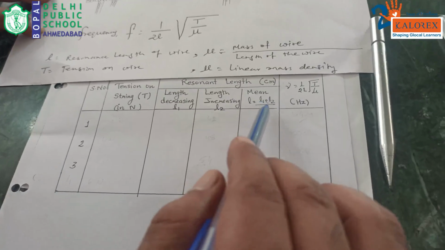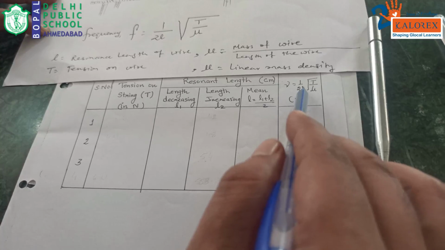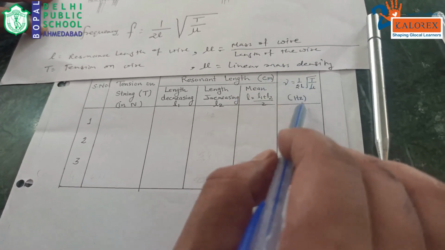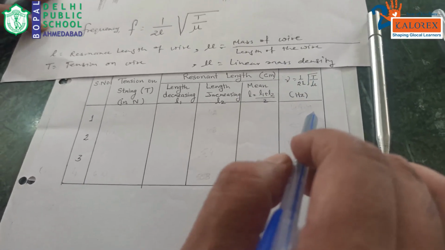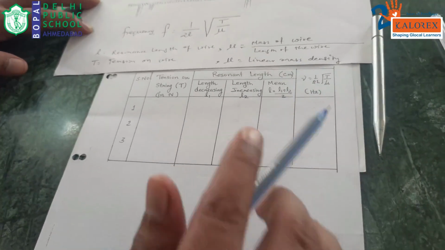Thereafter we take the mean of these, and finally in the last column we find the frequency using the above formula. So this is how we will do the experiment with this observation table.